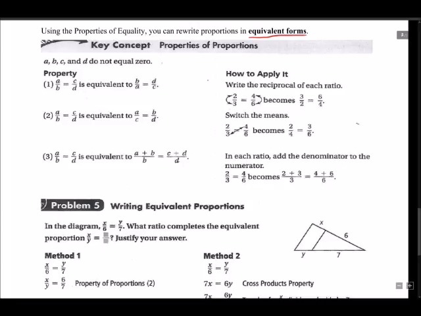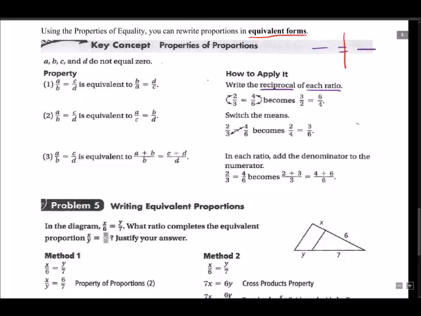A is to B as C is to D. And then we write the reciprocal of each ratio. The bottom flips up to the top, and the top goes down to the bottom, right? Reciprocal is a flip.